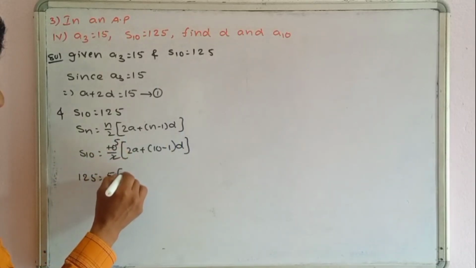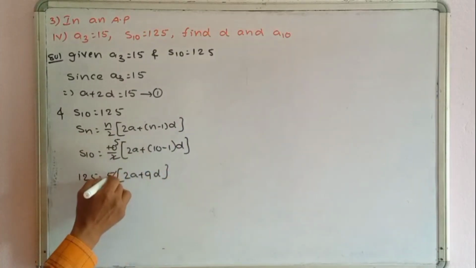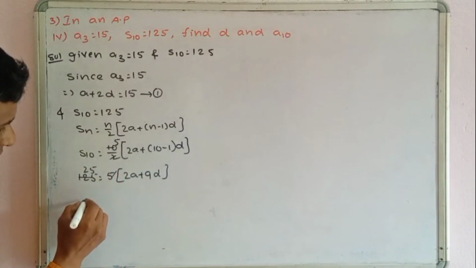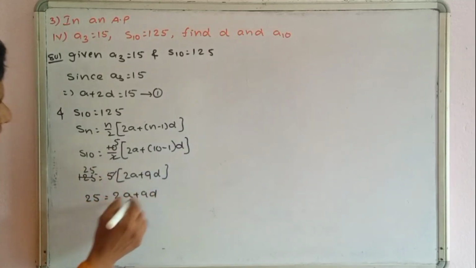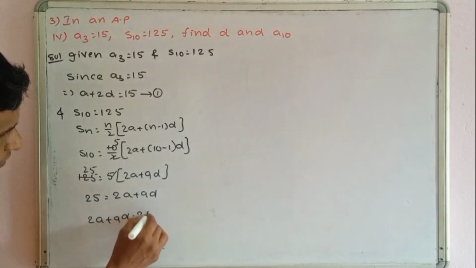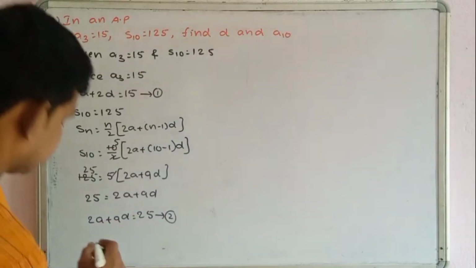So 5 into (2A plus 9D). 5 2s are 10, 5 5s are 25. So 25 equals 2A plus 9D. Writing in proper order, 2A plus 9D equals 25, say it is 2. Now solve 1 and 2.